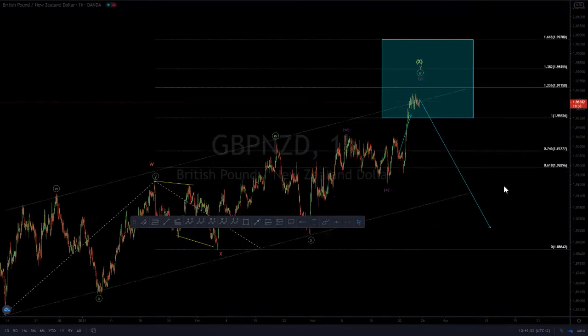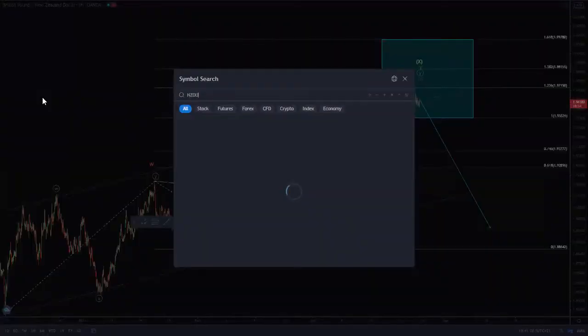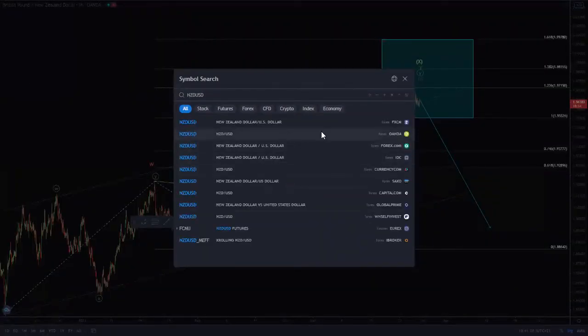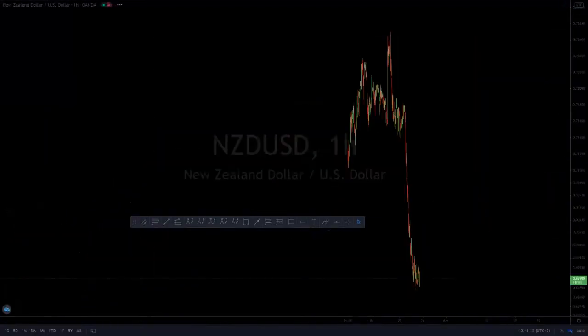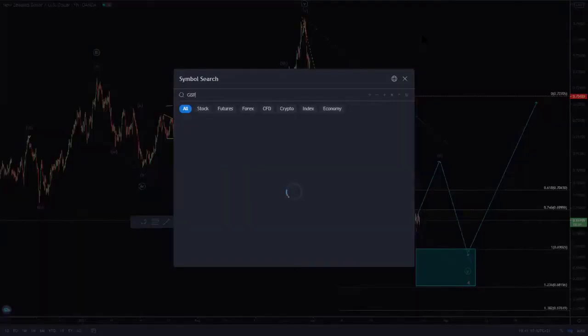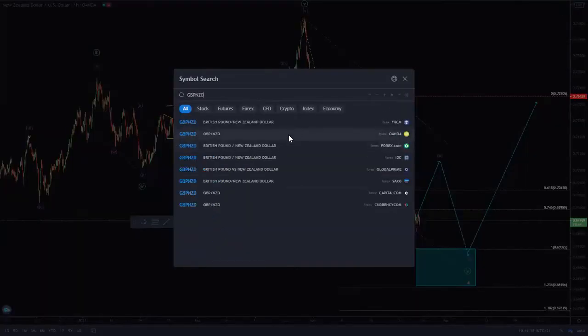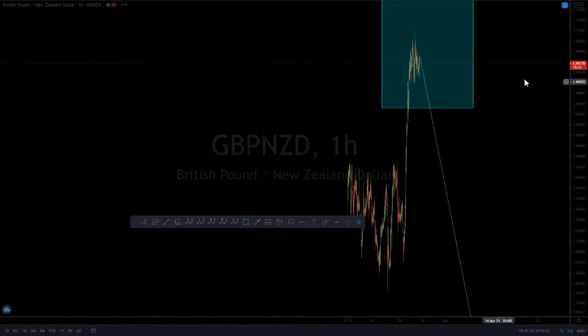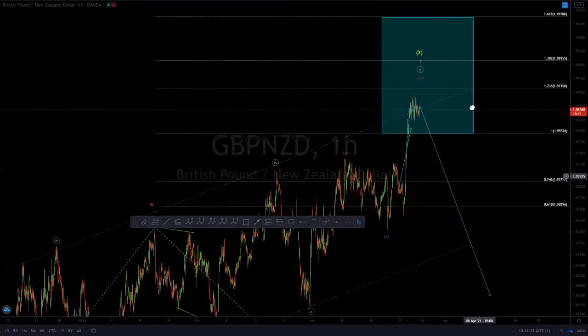What is driving this is the NZD US dollar. I'm expecting that NZD USD gets into this blue box here before I can consider to sell pound NZD.